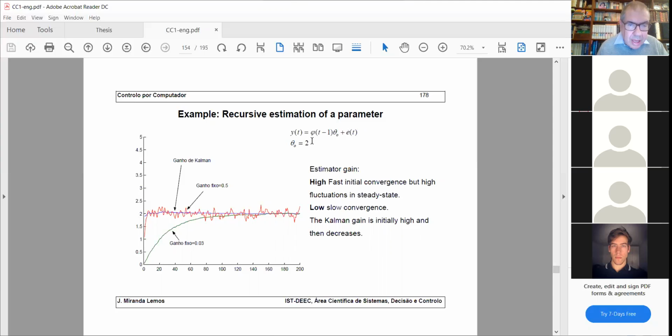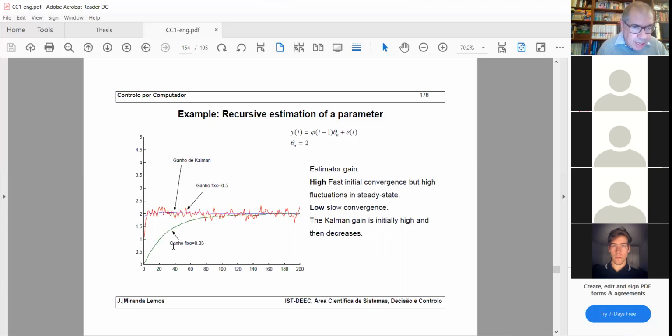So I want to estimate theta naught. The true value is 2, but I know it because it's a simulation. In practice, you never know the parameter you are estimating. And I add this random error, which has a zero average.